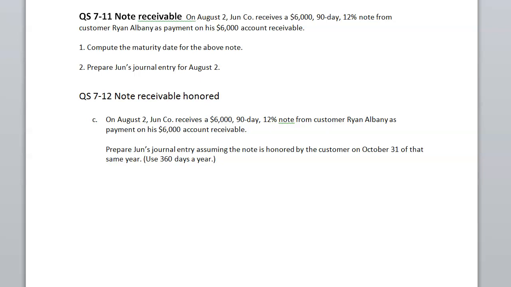However, he has asked for 90 more days to pay. He's agreed to pay 12% interest on that amount. So first we're asked to compute the maturity date. So it's going to be 90 days from August 2nd. And then to prepare the journal entry to record the receipt of the note receivable.